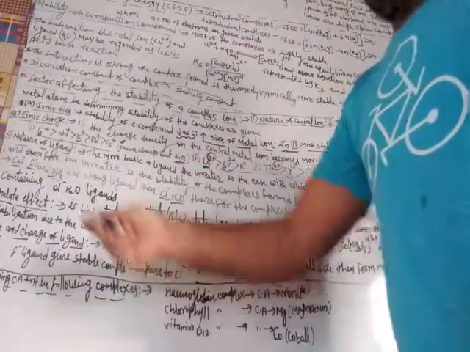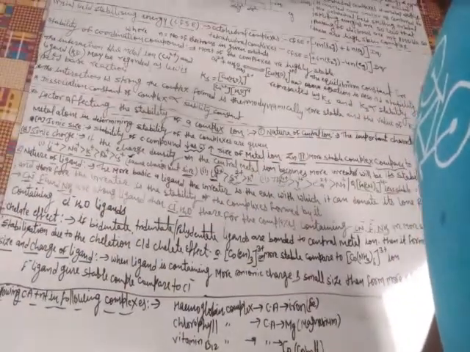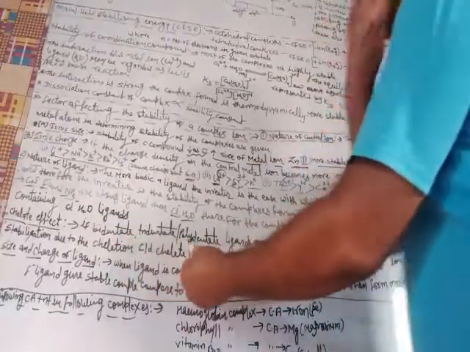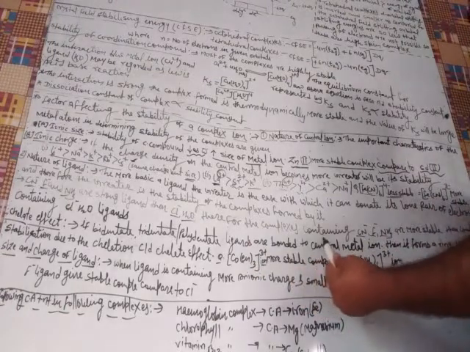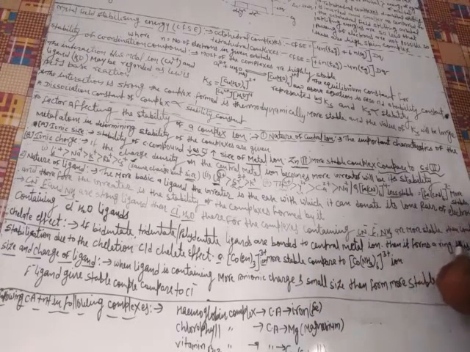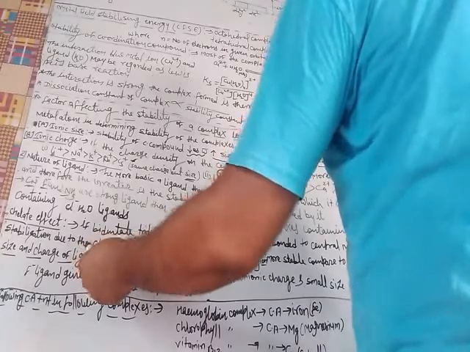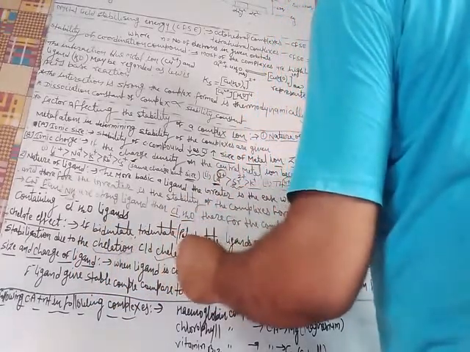Next affecting factor is the chelate effect. If bidentate, tridentate and polydentate ligands are bonded to a central metal ion, then it forms a ring-like structure. This stabilization due to chelation is called the chelate effect.